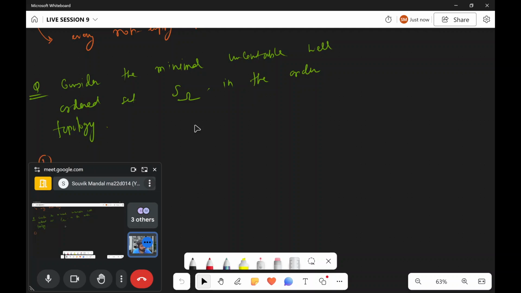Now S omega is not compact. And second thing, try to show that S omega is limit point compact.